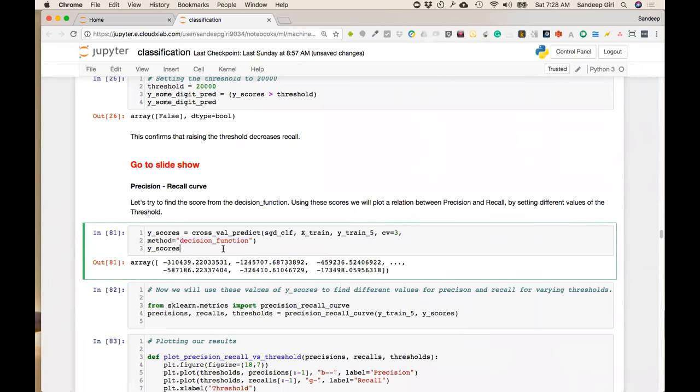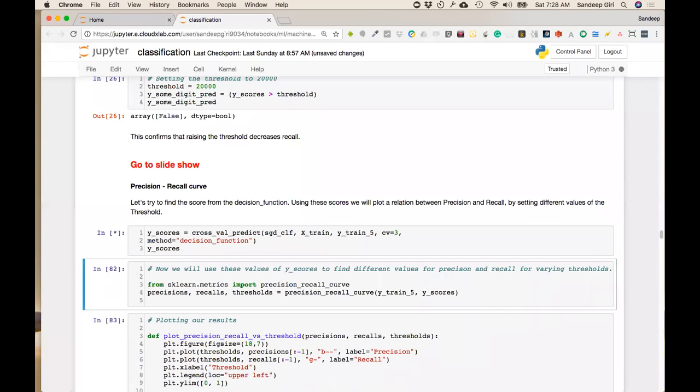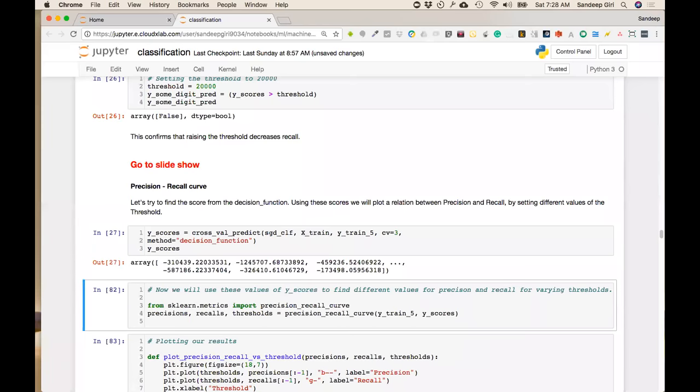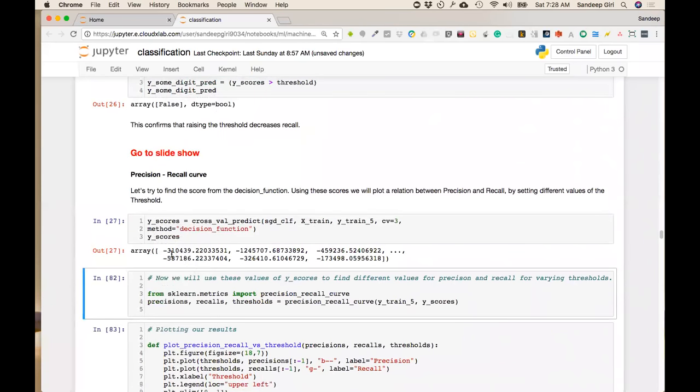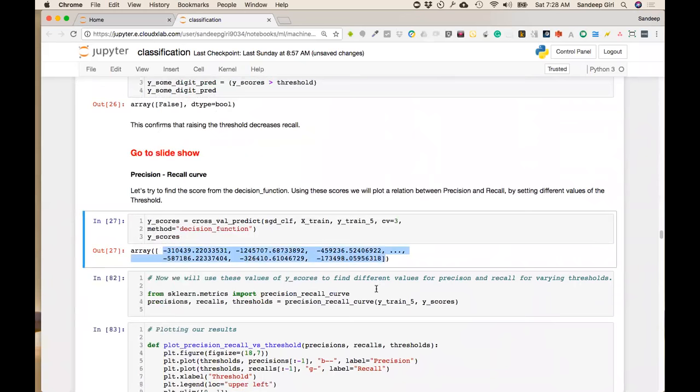Once we run that, we get these scores, which are basically numbers telling us the various scores of the digits.